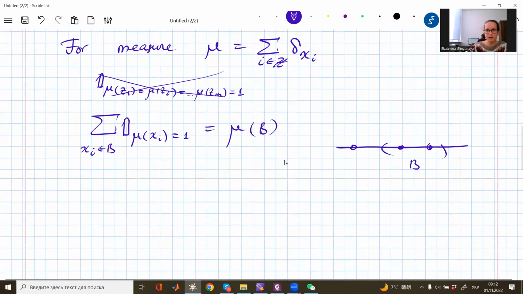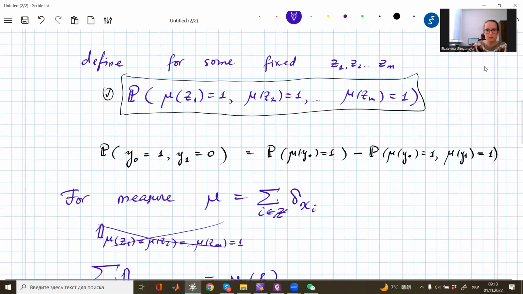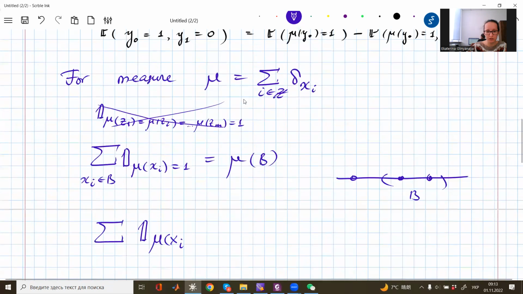Now, if I consider summation over the indicator that I have two particles now, because in these probabilities I considered events that at several points I have a particle.